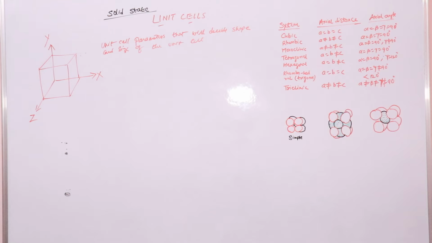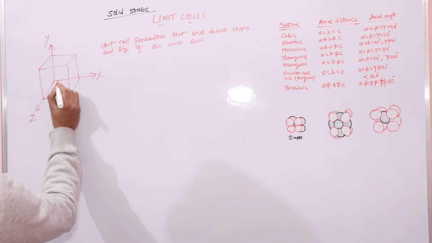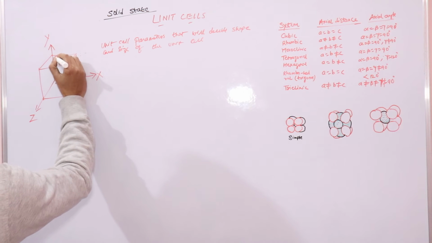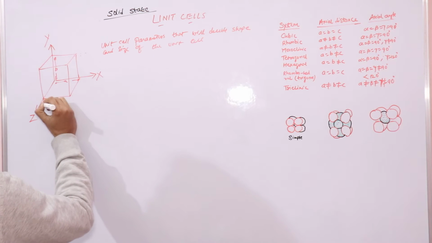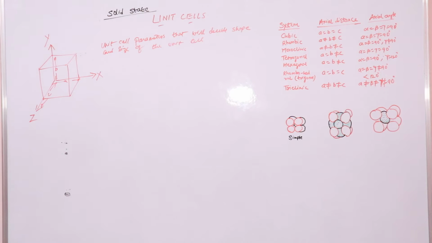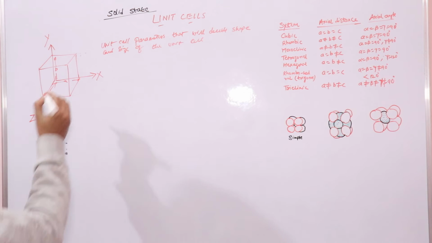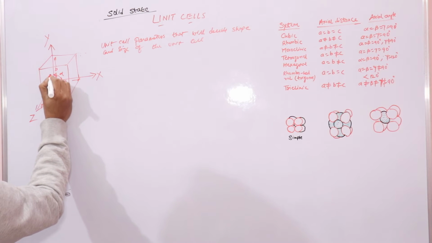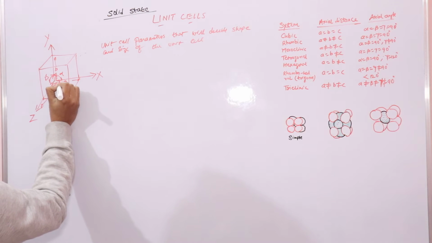These edges may or may not be mutually perpendicular. These are the edges, and the angles between these edges are alpha, beta and gamma.